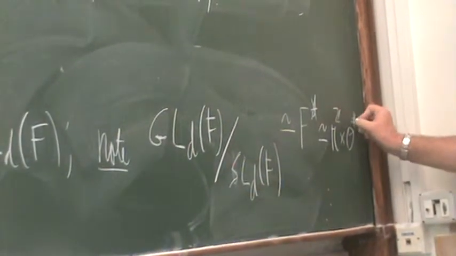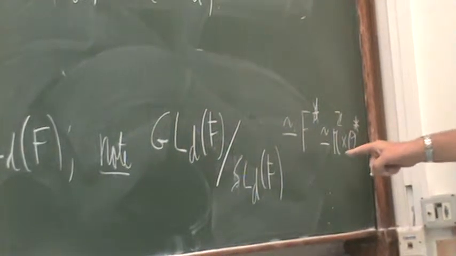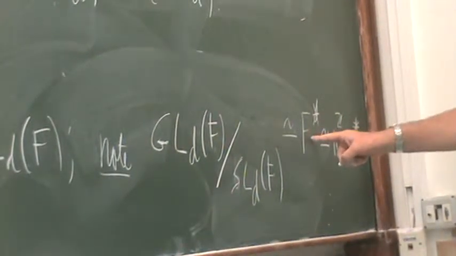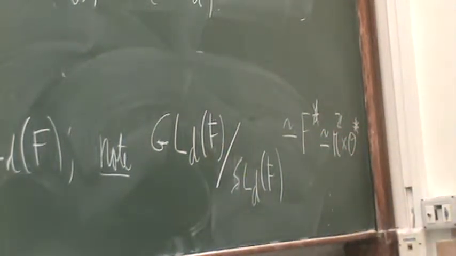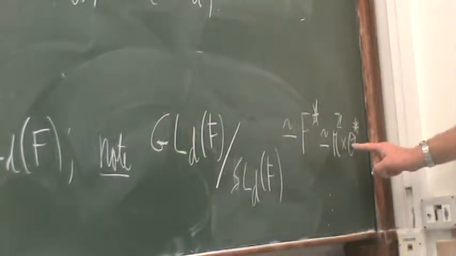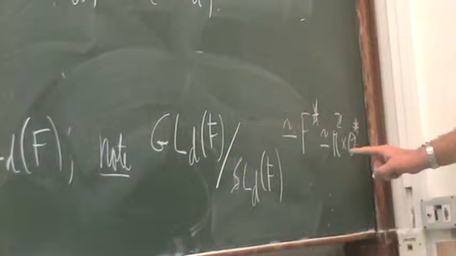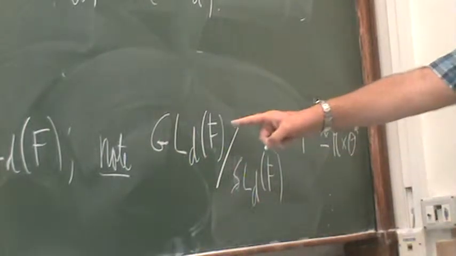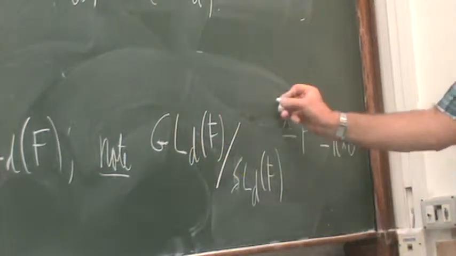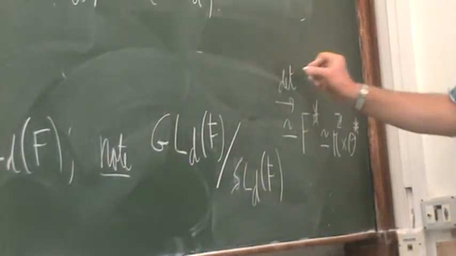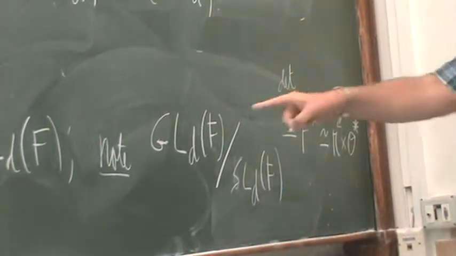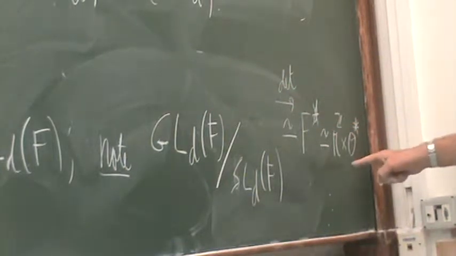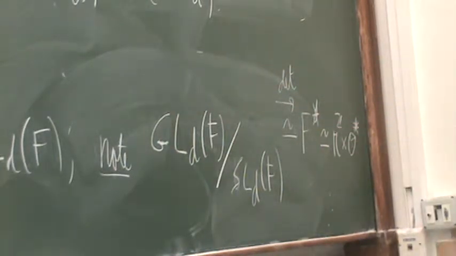We basically saw that when we talked about fields, that every invertible element in the field can be written uniquely as pi to an integer times an invertible element of O star. So I can really write it as a direct product. The isomorphism is really via the determinant. We have a determinant map from here to this group, and the kernel is SLD.